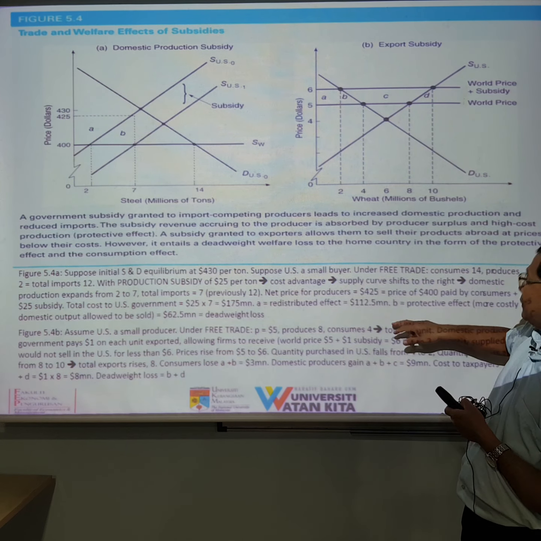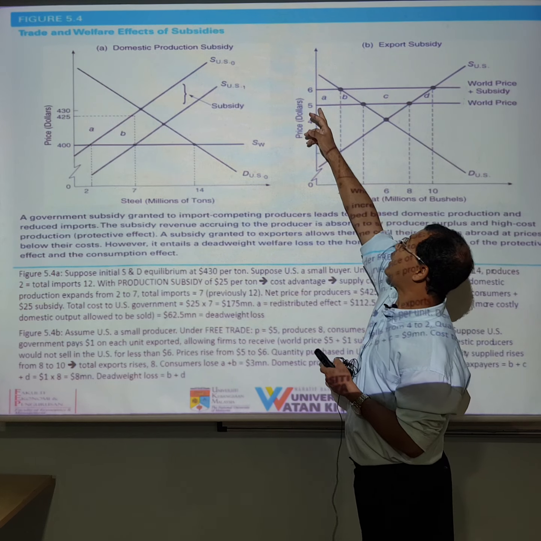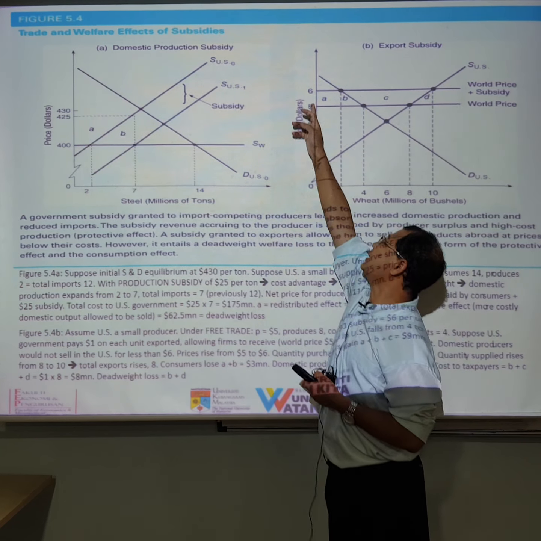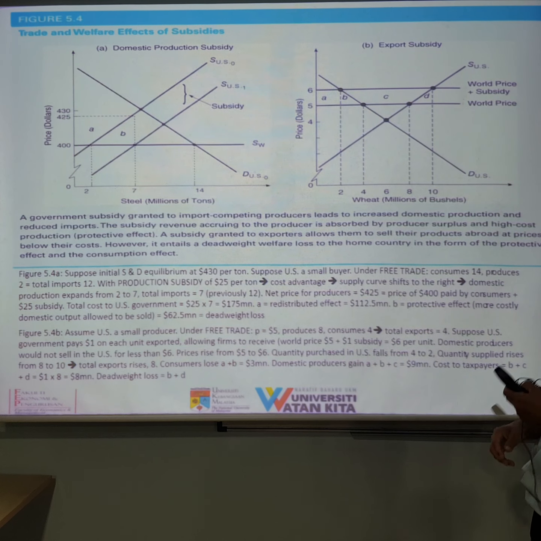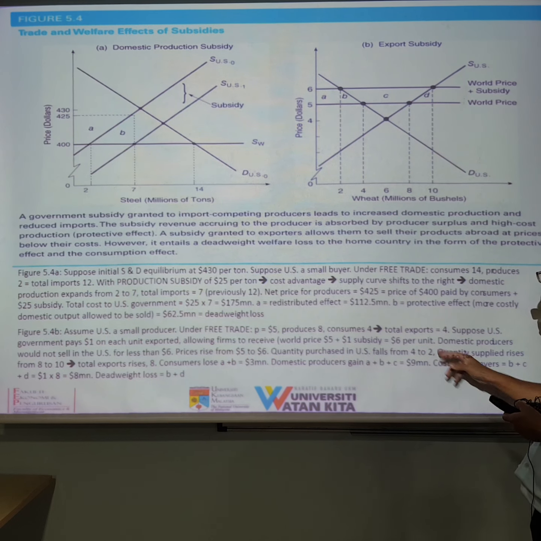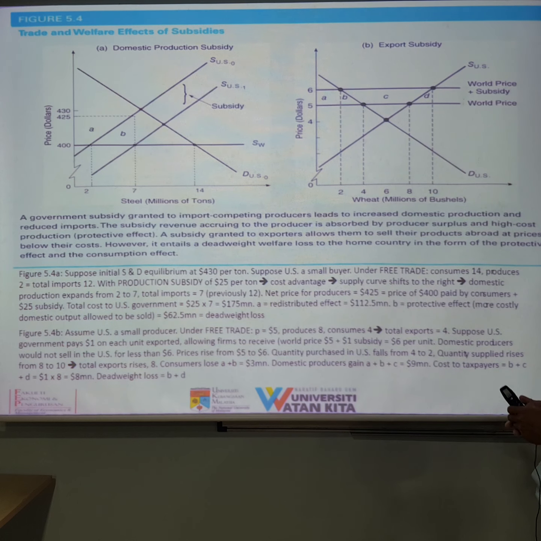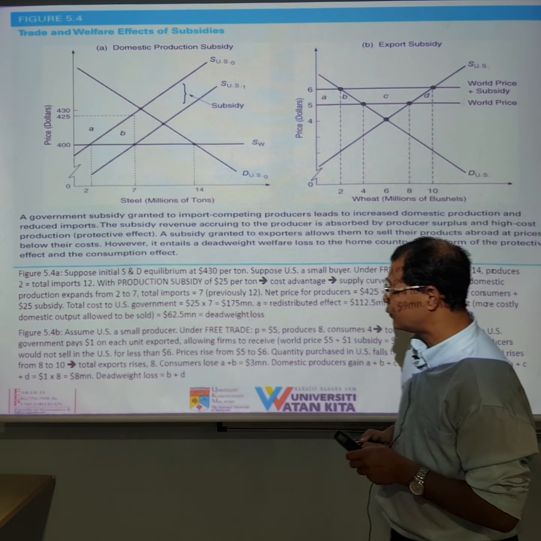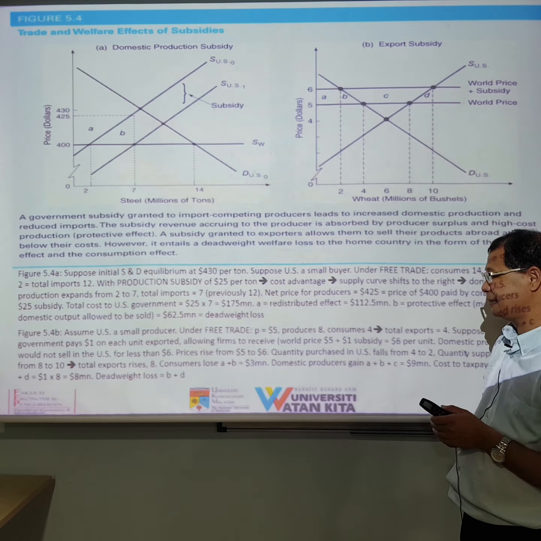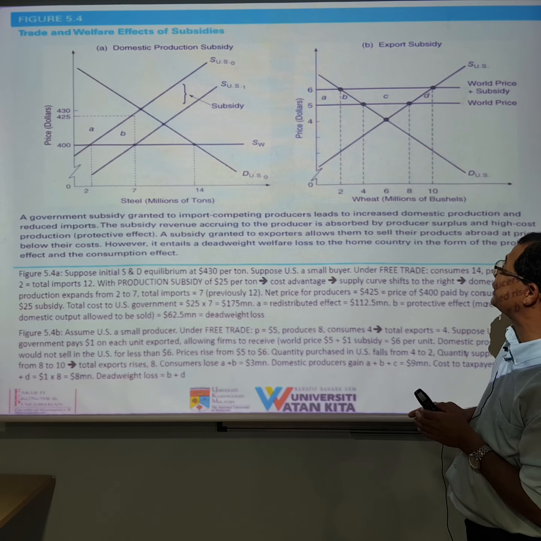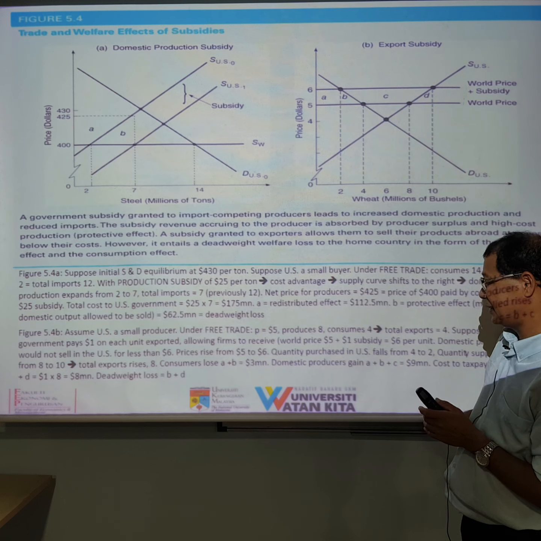They receive $6, which is the world price of 5 plus the $1 subsidy. So domestic producers would not sell in the United States for less than $6. So as a result, prices go up from 5 to 6.